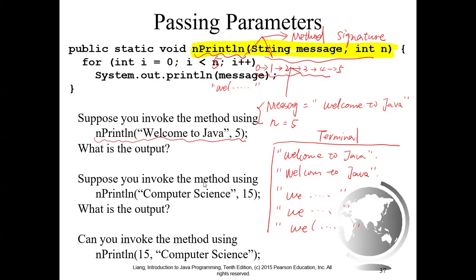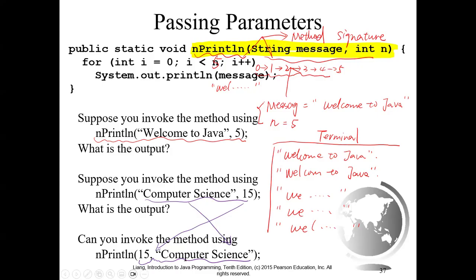And same thing, let's take a look at the third example. Here it says println 15, computer science. This is pretty important. As you can see, the positions of the 15 and the computer science have exchanged, right?